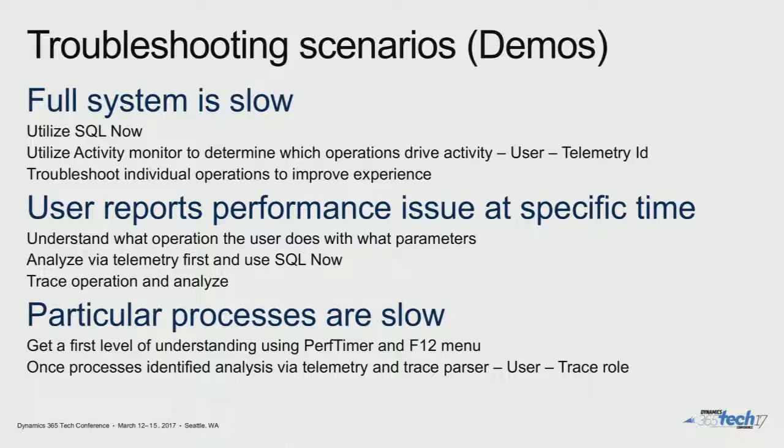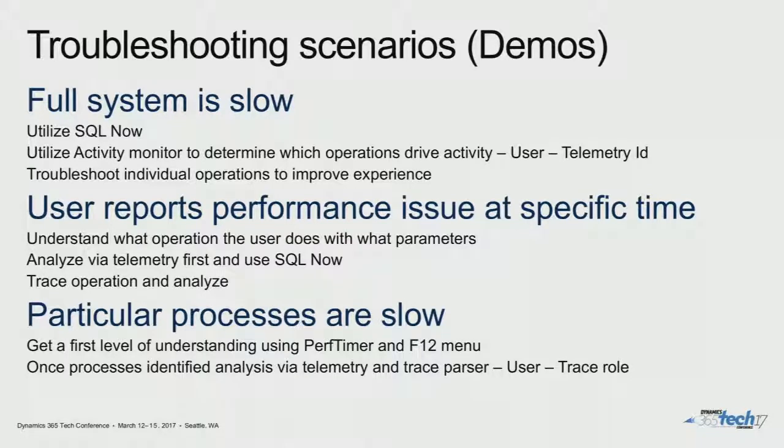So let's look at the common problems that we hear from customers. The main problem I hear is that particular processes are slow. This is for customers who are stabilized. There are always teething issues when you just go live, and over time they settle down.